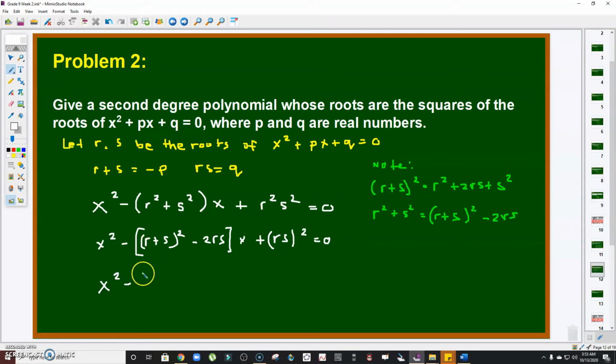So r plus s to be squared will become p squared minus 2q, since rs is q. See that? x plus, my rs once again is q, so this one should be q squared. Okay, there you go. That's it.